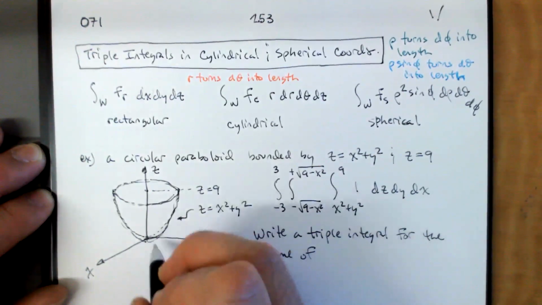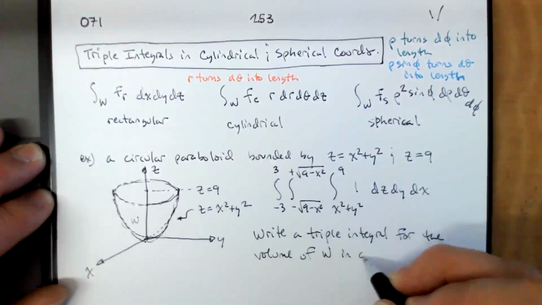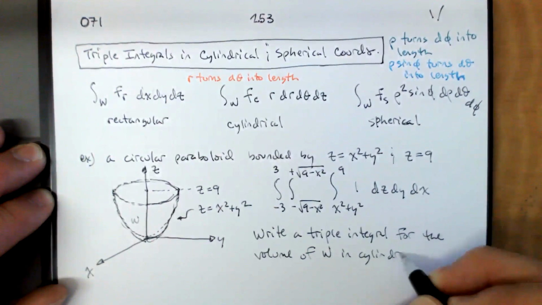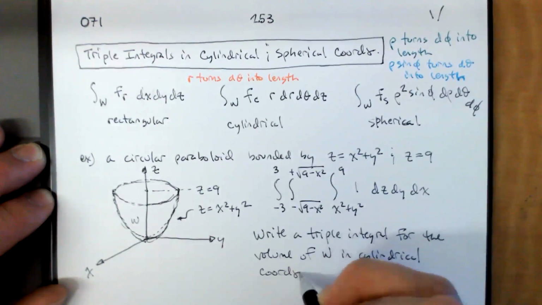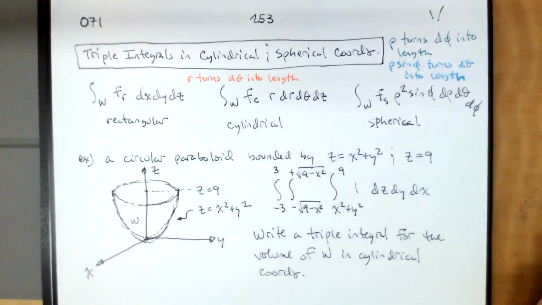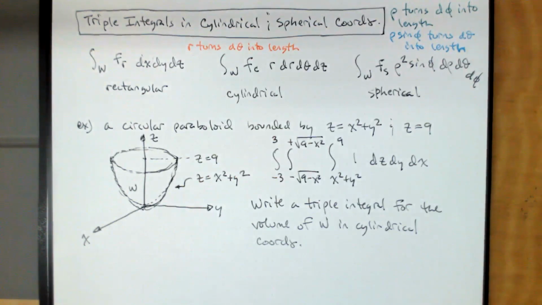I'm just going to call this the solid W. So we want to write a triple integral for the volume of the solid W in cylindrical coordinates. And then we want to do the same thing for spherical coordinates.